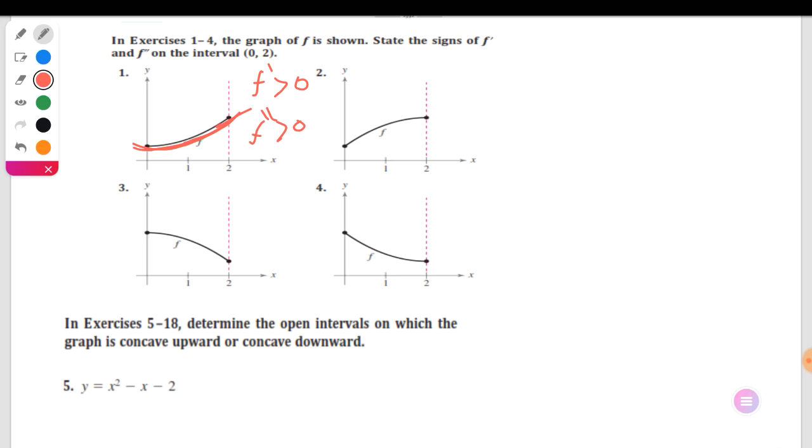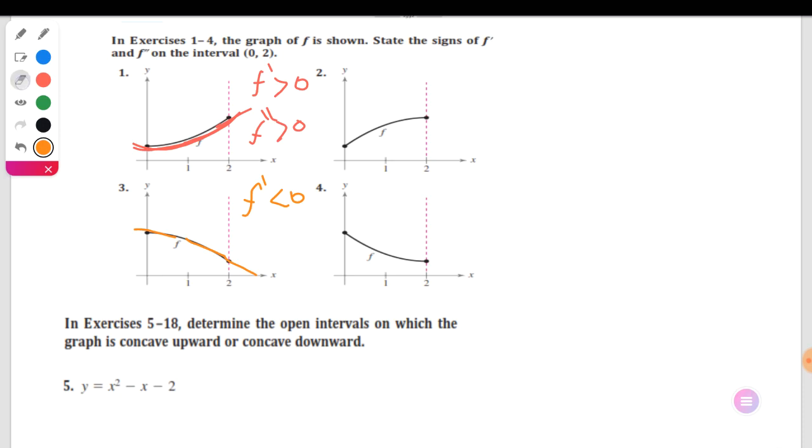Try to solve number 2 with me, okay? To know the sign of the first derivative, draw the tangent line. In this case, its slope is negative. Since the slope of the tangent is negative, the first derivative is negative, less than 0.